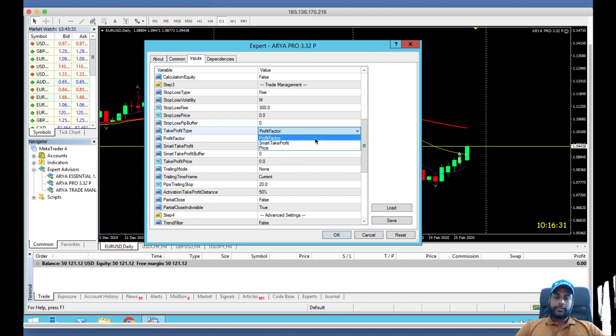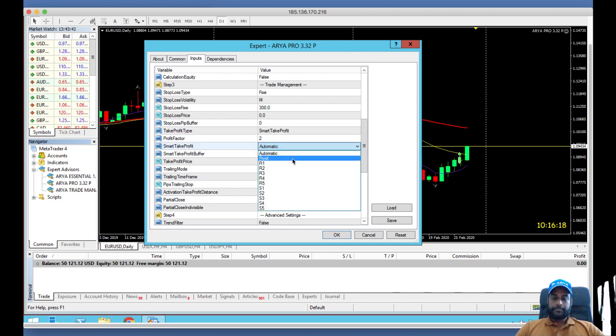You also have the smart take profit. The smart take profit is basically taking different parameters into account. If you have the take profit type set on smart take profit, you can select it here.